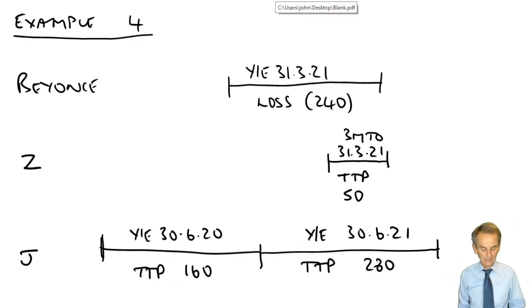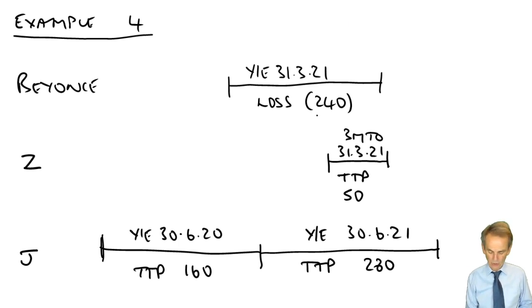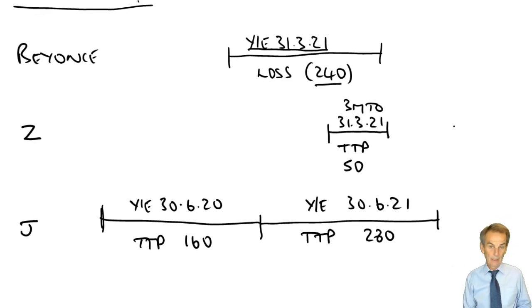Hopefully, something like this. Beyonce, the loss maker, there's your loss of 240, a single accounting period, year ended 31st of March 21. Now I've gone here with Z to begin with because Z is the easier of the two companies to deal with, again, consistent with what we looked at in the previous example and what before that we were looking at in our classwork example. It has started part way through the period.